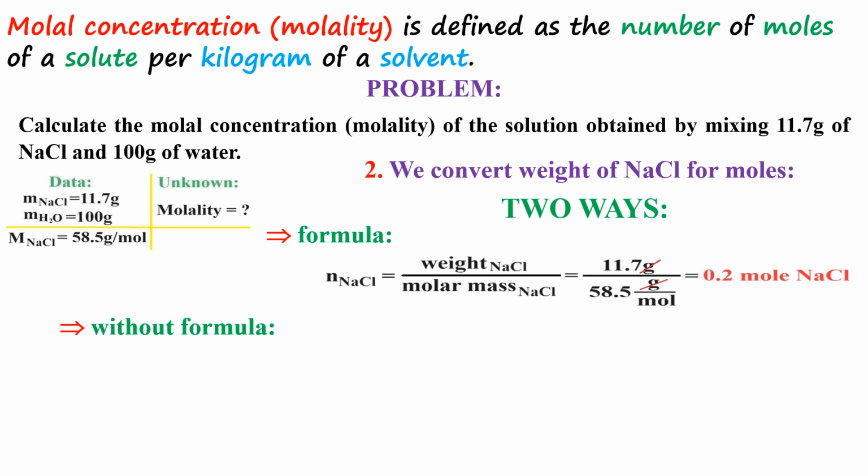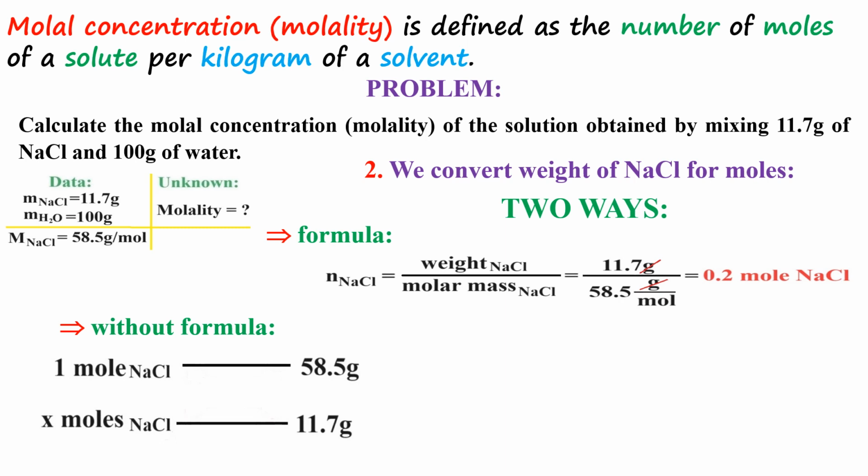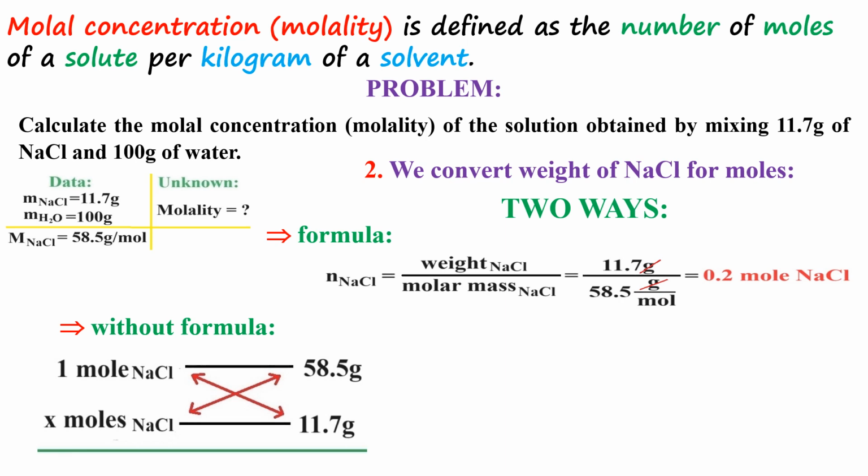Now second way, without formula. We know that 1 mole of sodium chloride weighs 58.5 grams. So x moles of sodium chloride weighs 11.7 grams. We calculate x by cross multiplying this proportion. So 58.5 grams times x equals 1 mole times 11.7 grams.